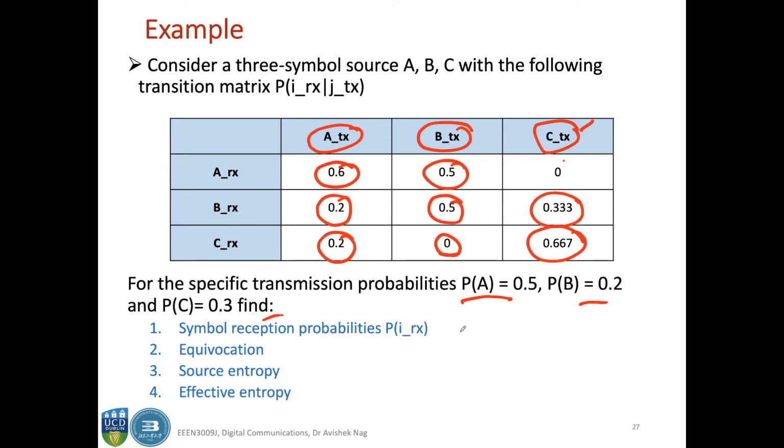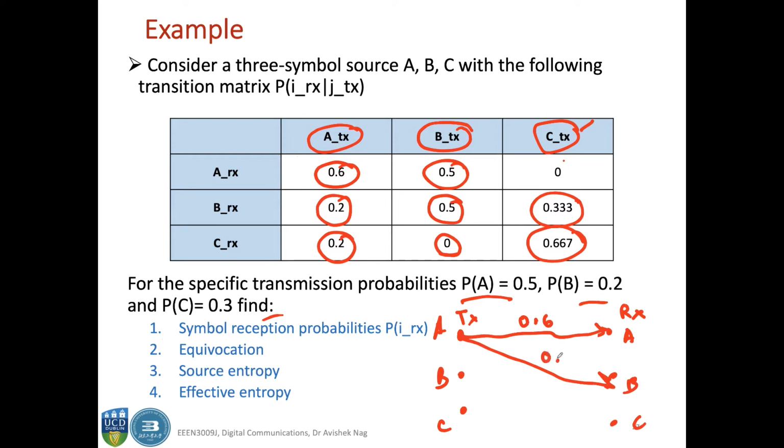Okay, so you can say that you have three symbols A, B, and C. This is the transmitter side, and in the receiver side also you have A, B, and C, and then you can map this transition matrix like this, as you did in case of your discrete memoryless channels. So A to A transition is 0.6 probability, A to B 0.2, and A to C is also 0.2.